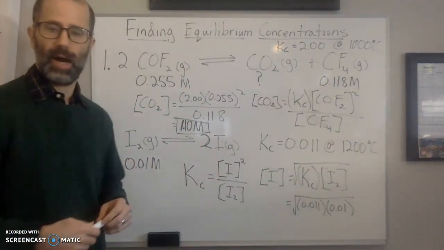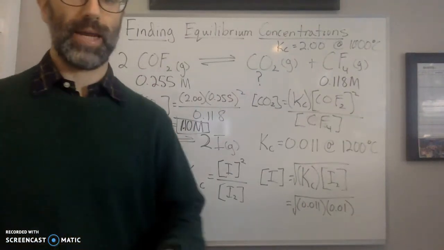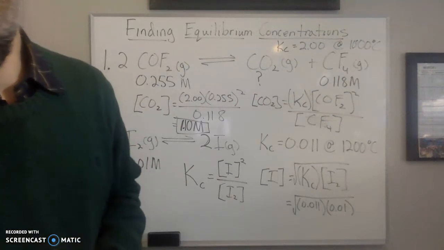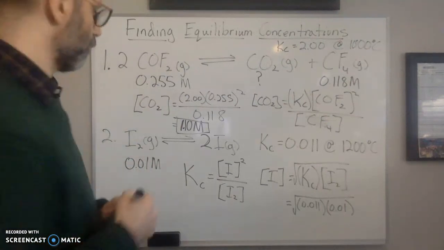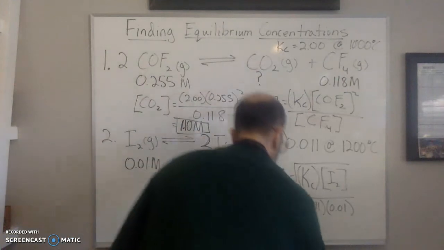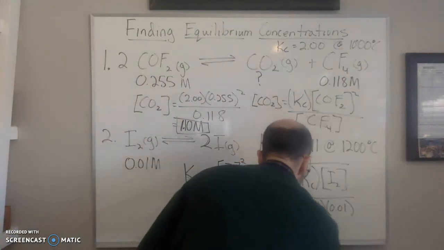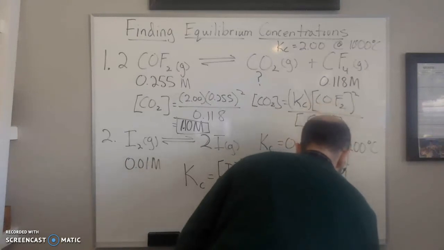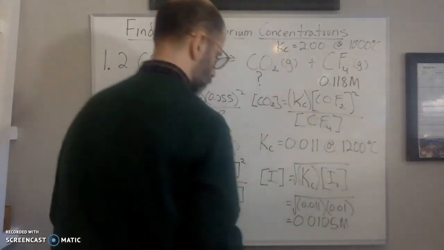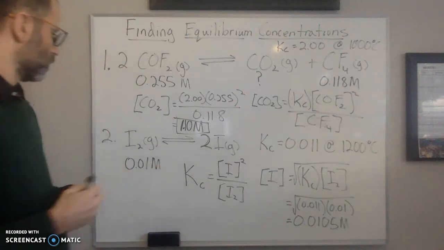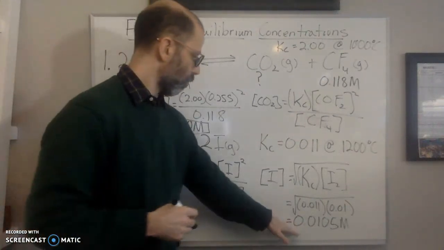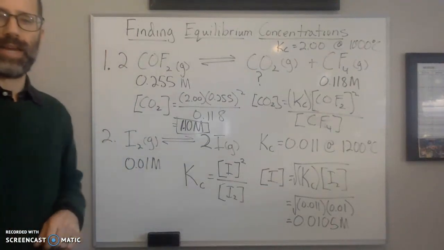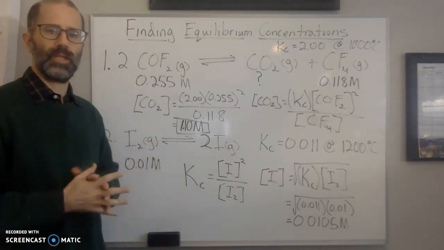And so I just plug that into my calculator. So the answer is 0.0105, so that's going to be 0.01105 molar, or 0.011 molar for the concentration of I. And so that's how you answer these sorts of problems.